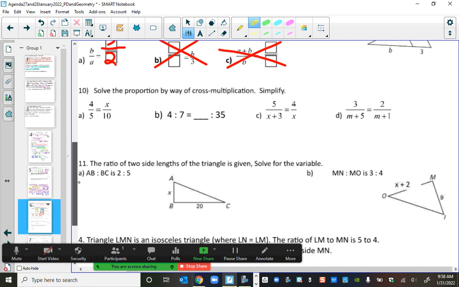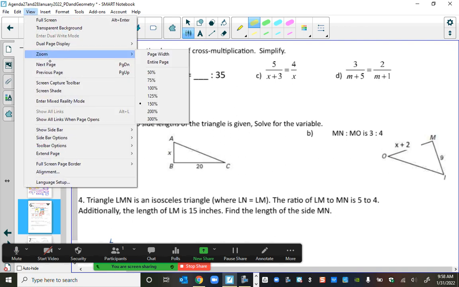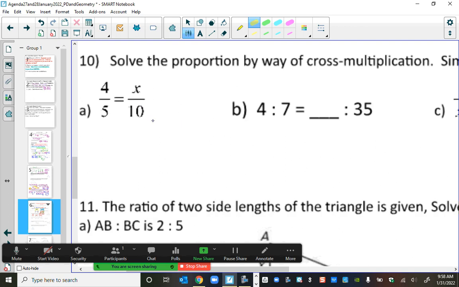All right, now you can have variables. You will need to solve for the variable. So for problems like these, you're going to do something similar to before. You're going to do your multiplying diagonally. So for instance, 4 times 10, what do we get when we multiply 4 times 10? 40.